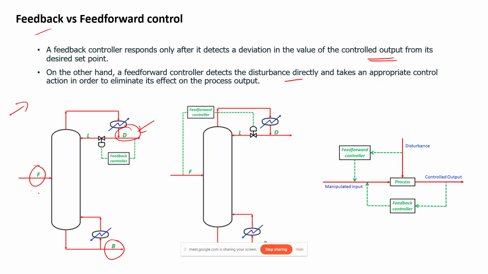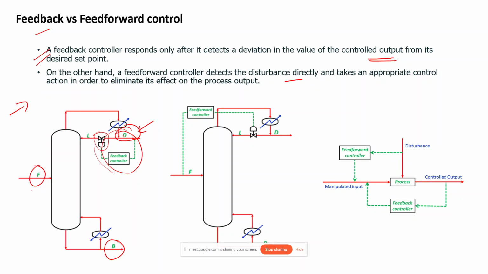If the feed composition changes, then my distillate composition would also change. If we employ a feedback controller, I will measure the composition of the distillate here, and using the feedback loop, control the output valve on the top of this distillation column.